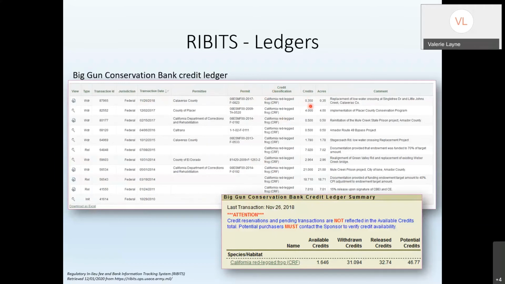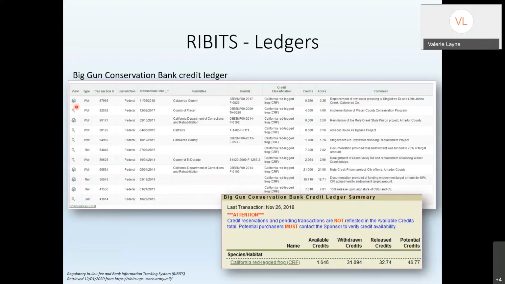And you can see that the number of credits has a one-to-one relationship with the number of acres in the bank. And then here in the comments field, this is what the credits were used for, the project that the credits were used for. The paperclip on the left here means that there is a document associated with this withdrawal transaction.